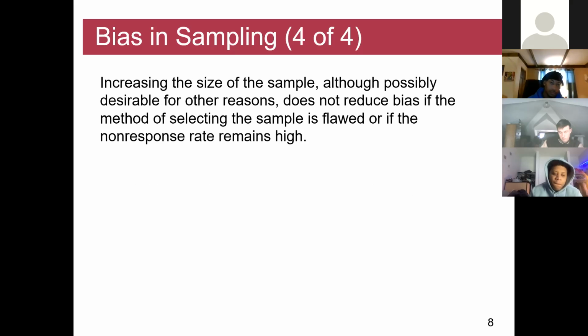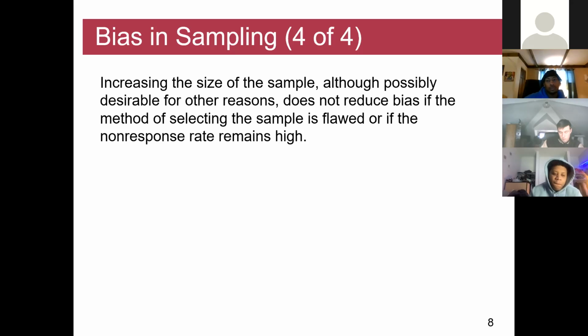Now, here's another thing, because sometimes people have this opinion, which I don't understand why they would have, saying basically that if we increase the size of the sample, and when we say size, we're referring to the number of people in the sample.